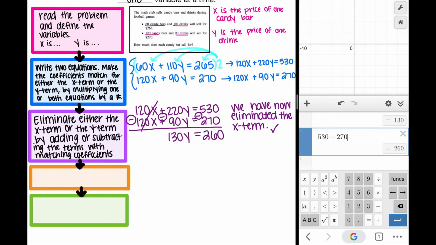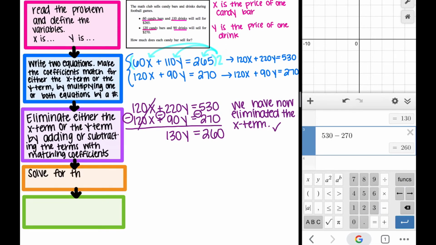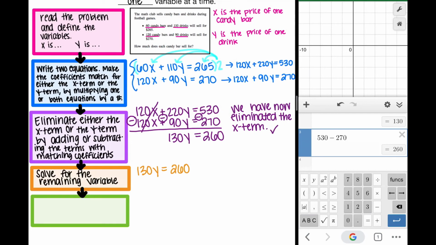Now that we have an equation with just one variable, we can solve to find what that variable is. To solve for y, I simply need to divide by 130 on both sides to isolate the y variable. 130 divided by 130 is 1.